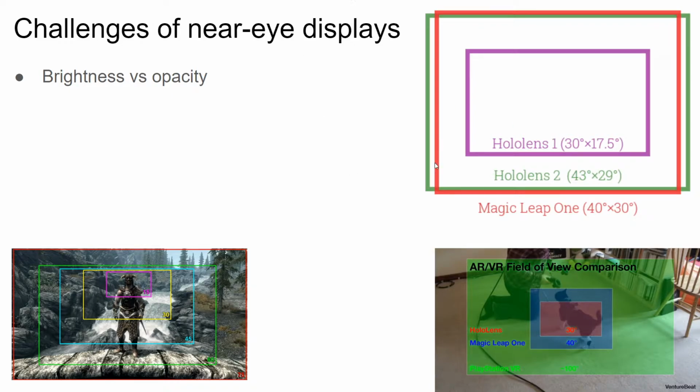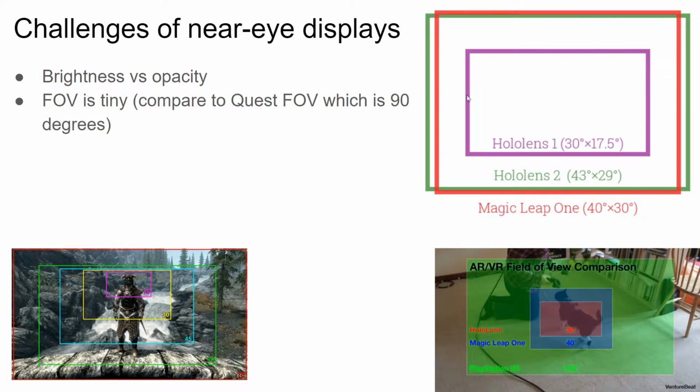But the problem then becomes, is it safe for the user to be looking at that? Or, are you causing migraines by having really bright lights? Do you have epileptic users, things like that? So you don't want it to be crazy bright, but you also want the pixels to be opaque if you need them to be. Otherwise, they'll basically always be holograms. There won't be any real sense of presence.